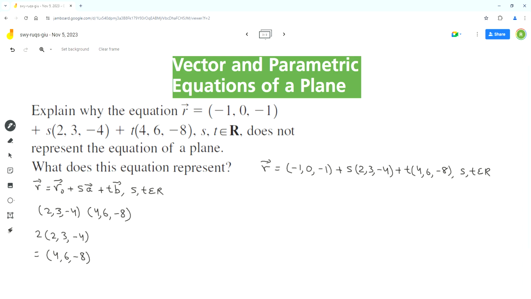We can rewrite the second vector (4, 6, -8) as 2 times vector (2, 3, -4), because if we multiply the vector (2, 3, -4) by 2, we get the vector (4, 6, -8).